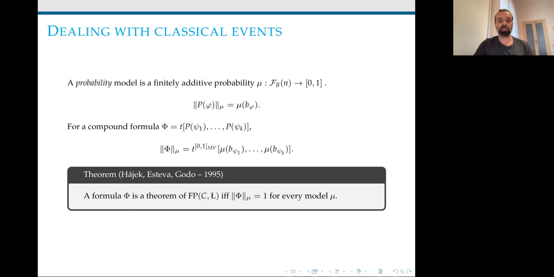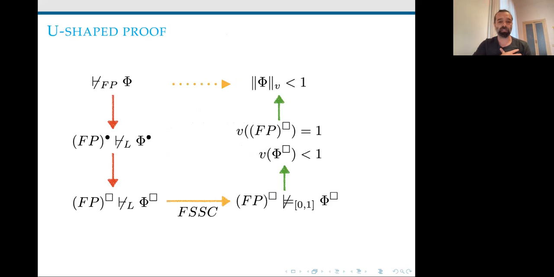Now, I want to show you a picture that shows the usual strategy to prove completeness for this logic. If you remember Luis' talk, the usual way is to translate the modal part of this logic, starting from the modal formulas P phi, to the propositional language of Lukasiewicz logic. So the usual strategy for proving completeness is to start with a compound formula phi that is not a theorem of our logic FP, and then we start translating it.